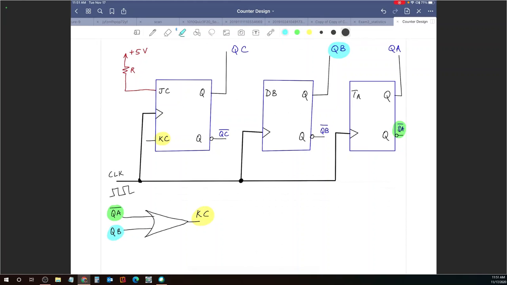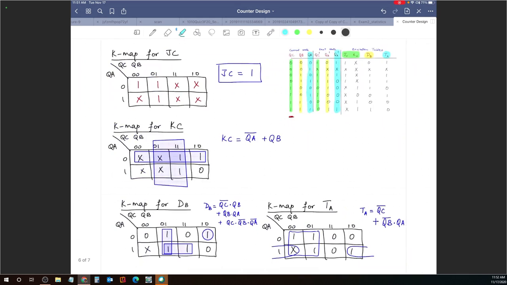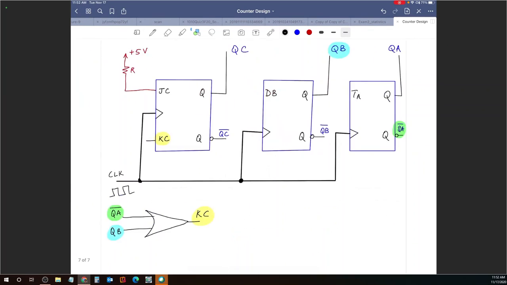And then similarly, you would have a network for DB and a network for TA. So you would have more and more gates here that will drive the inputs of DB and TA, right? But I suppose now it's just a matter of repetition.